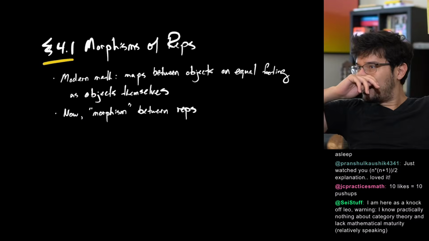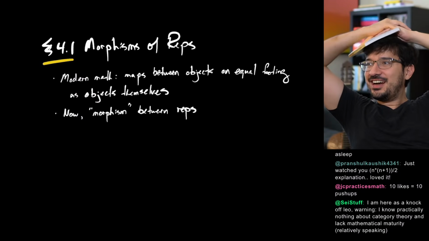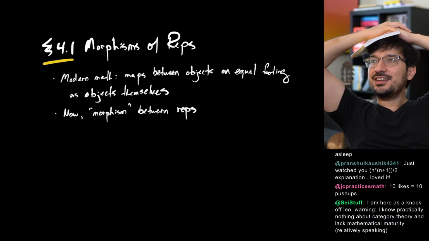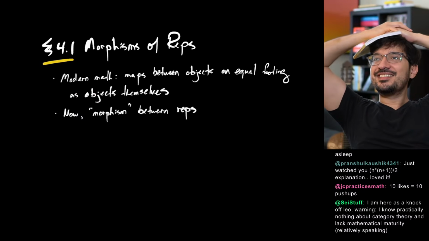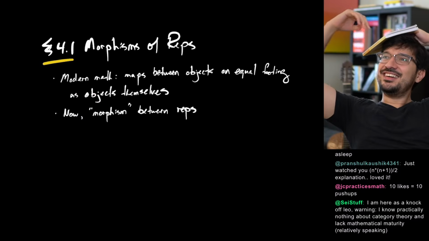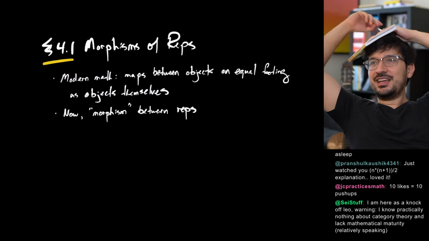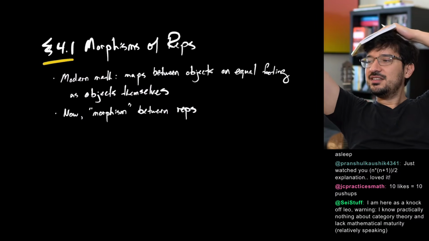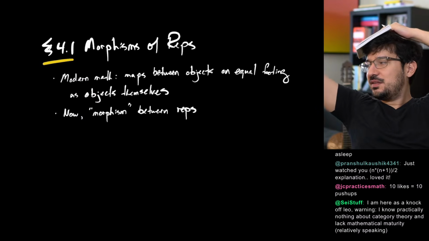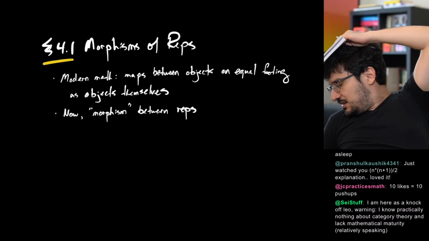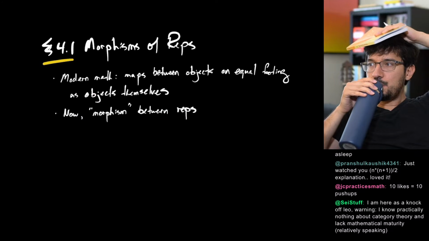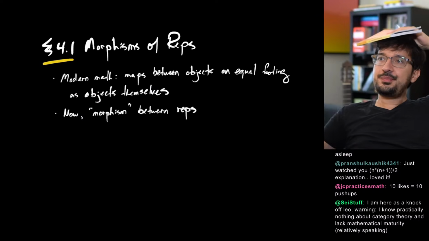I'm here as a knockoff Leo. Although, warning, I know practically nothing about category theory and lack mathematical maturity, relatively speaking. Well, I'm glad that you're here, at least. I know that we got somebody observing me in this really nice moment. I understand category theory about as much as my cat understands category theory. That's why it's called category theory, because all of us understand it just about as much as cats do. What happened to the views?